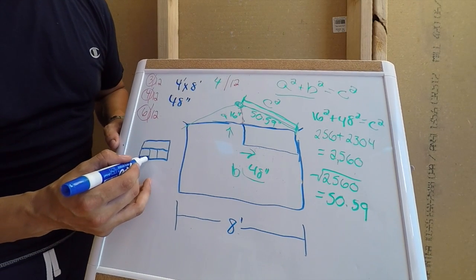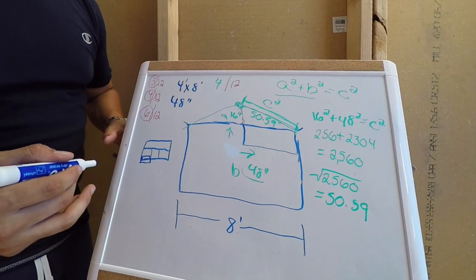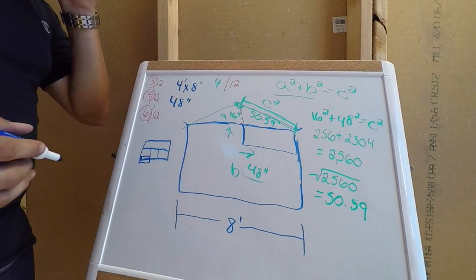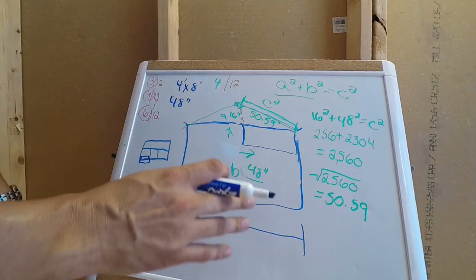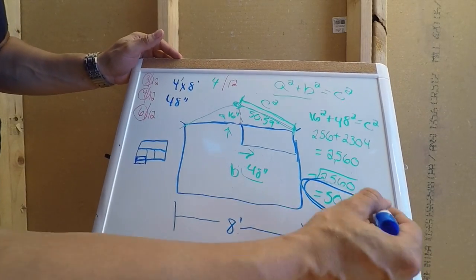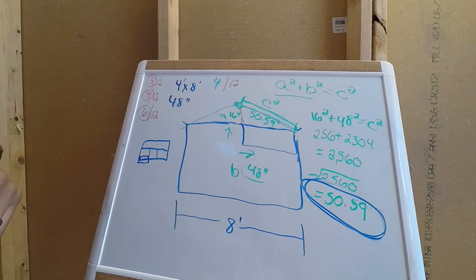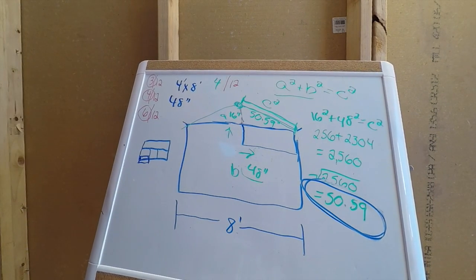Now, that's not to include your fascia or the rafter tail that's on the end of your rafter. So keep in mind that the only time I ever really use this number here is to figure out how much material I'm going to need to purchase before I go to the store.